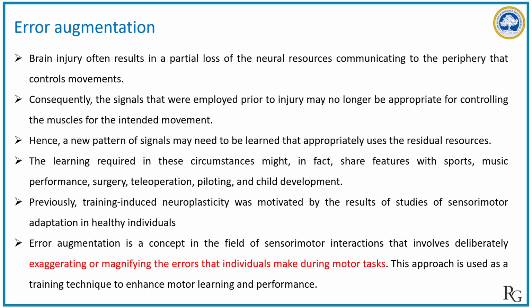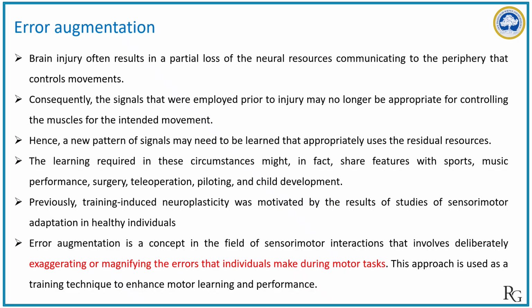When the force is suddenly removed, the person often overshoots or mismatches the target, and that is called the after-effect. It shows that the brain has learned and updated the internal model.